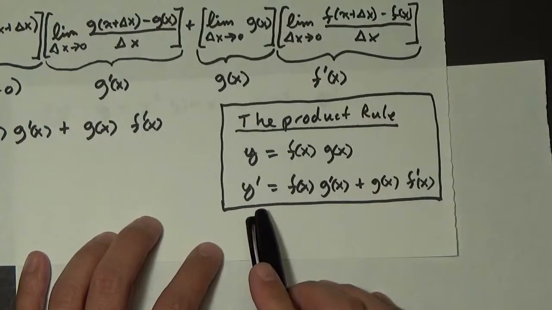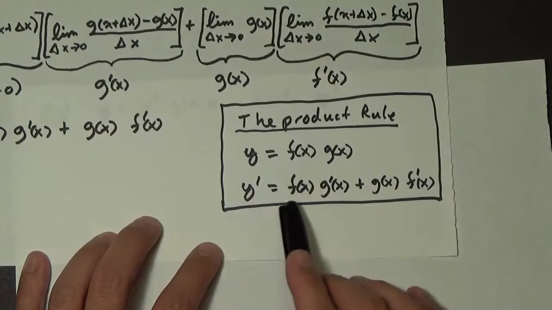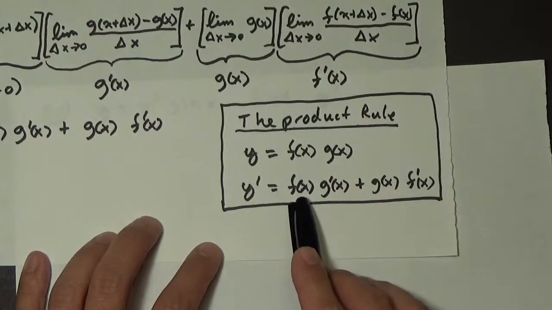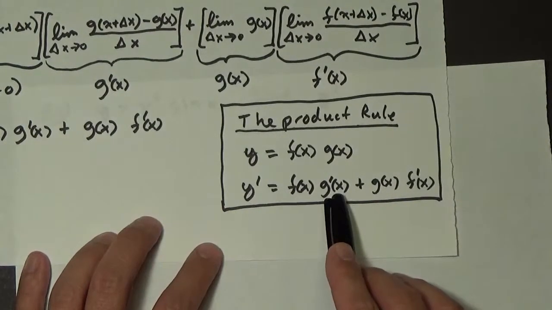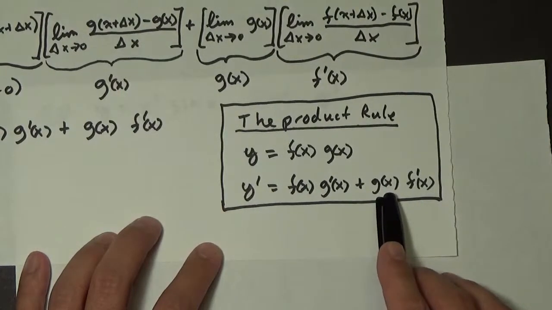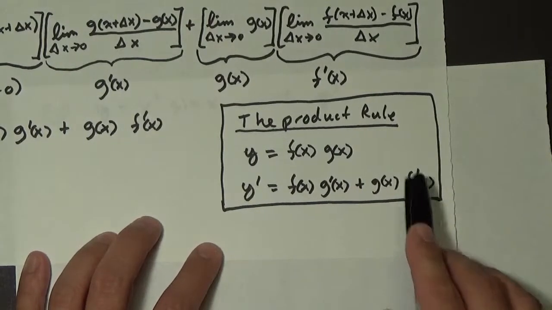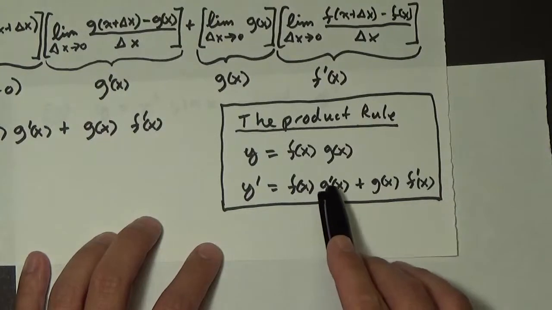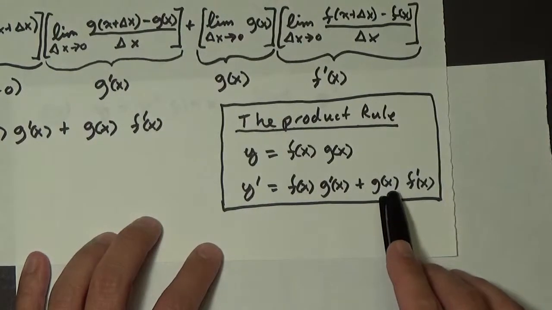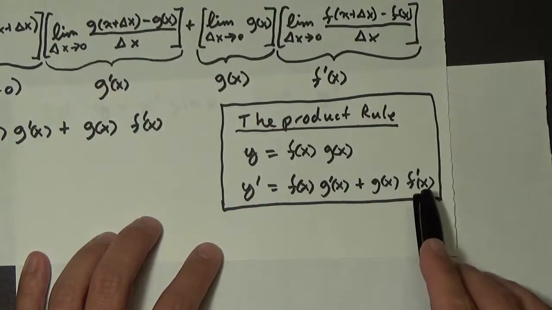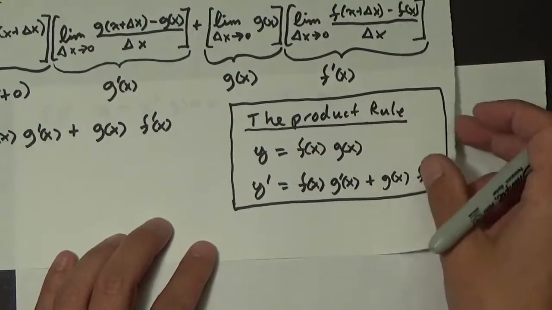Then I say the derivative of a product is f of x, which is my first, times the derivative of the second, which is g prime of x, plus g of x, which is my second, times the derivative of f of x, or my first. So I always say the first times the derivative of the second plus the second times the derivative of the first. So let me write that out.